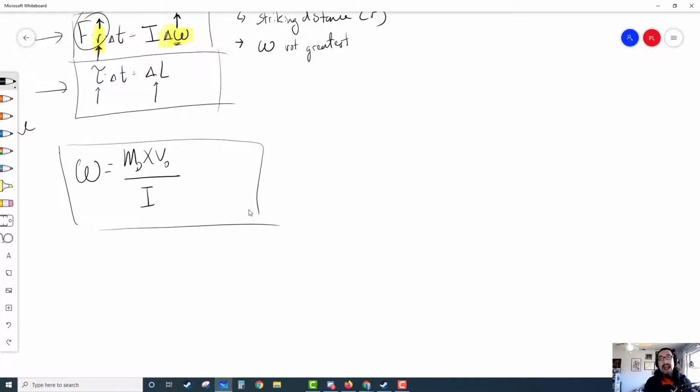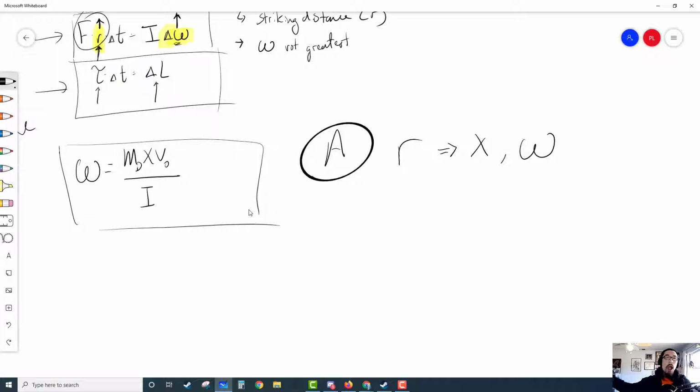Whenever they give you a made-up equation and ask whether this makes sense, you have to see, based on what I answered before, are my relationships true? If you remember part A, we were talking about the radius or the striking distance. For this problem, they didn't use R, but they used X, and the rotational velocity, which is omega.